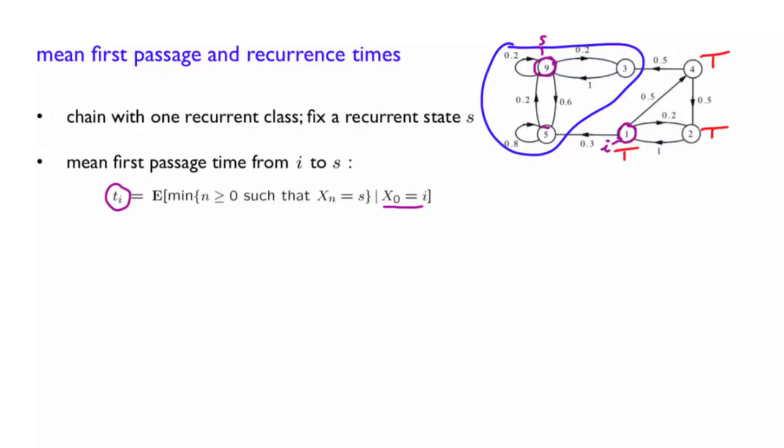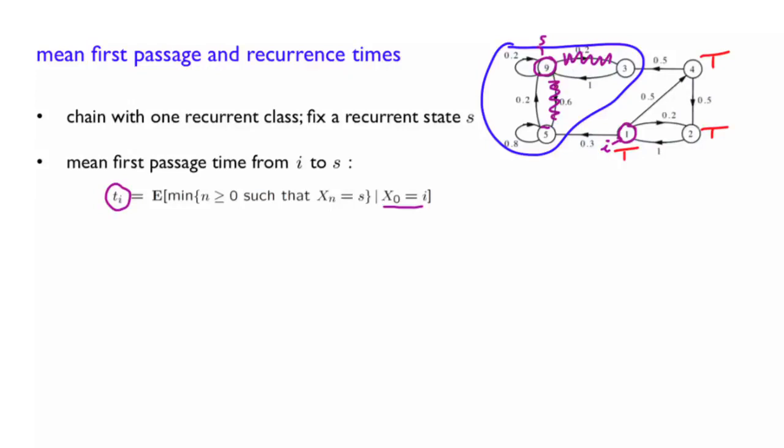In other words, our calculation will never involve this arc and will not involve this arc either, because in order for the Markov chain to traverse this arc or this one, it would have to visit 9 first. So what it means is that we can forget about this arc and we can forget about this arc, in a sense that they don't matter in the calculation of the mean first passage time to S.